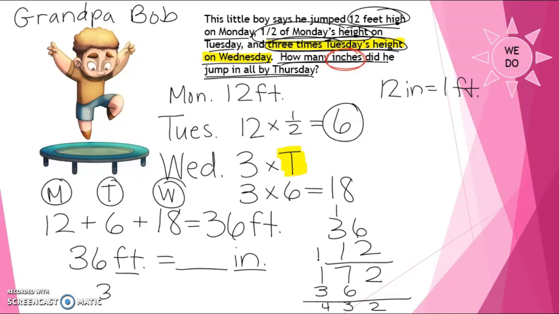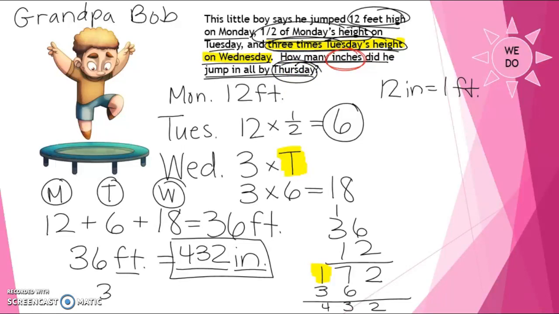And we regrouped here. This number is part of our regrouping, okay? All right, so we have 432 inches. This little boy jumped 432 inches in all by Thursday.